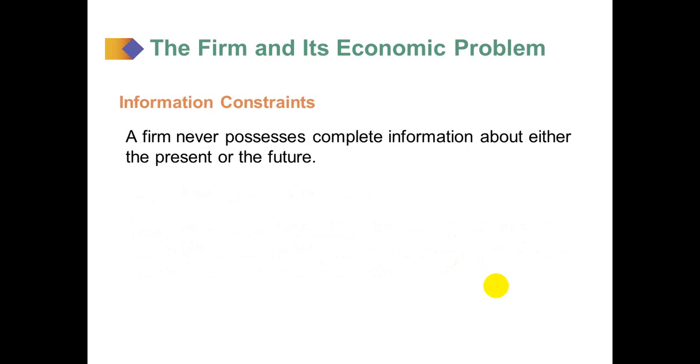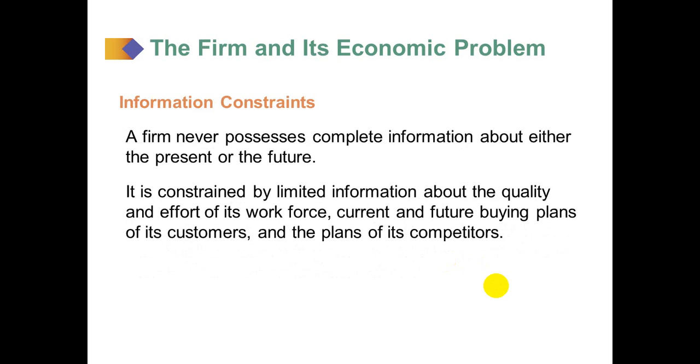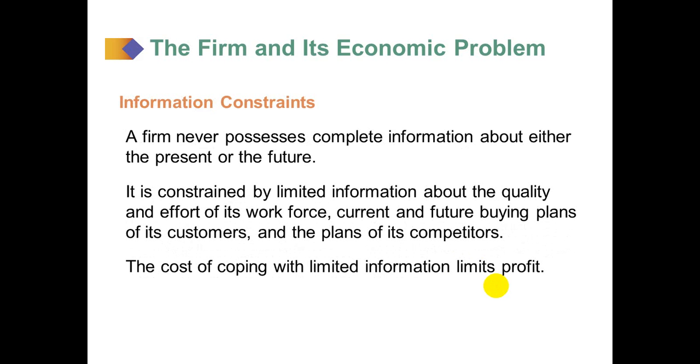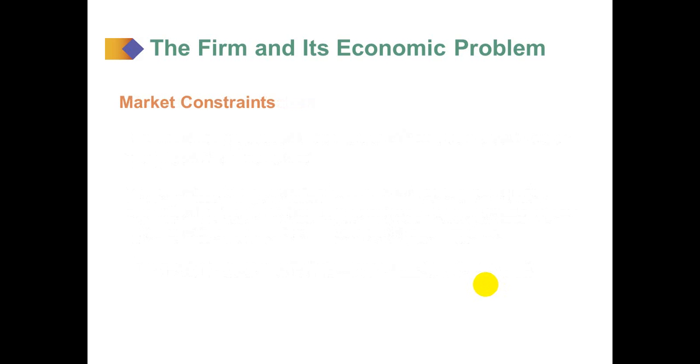A firm never possesses complete information about either the present or the future. It is constrained by limited information about the quality and effort of its workforce, current and future buying plans of its customers, and the plans of its competitors. The cost of limited information limits profits.